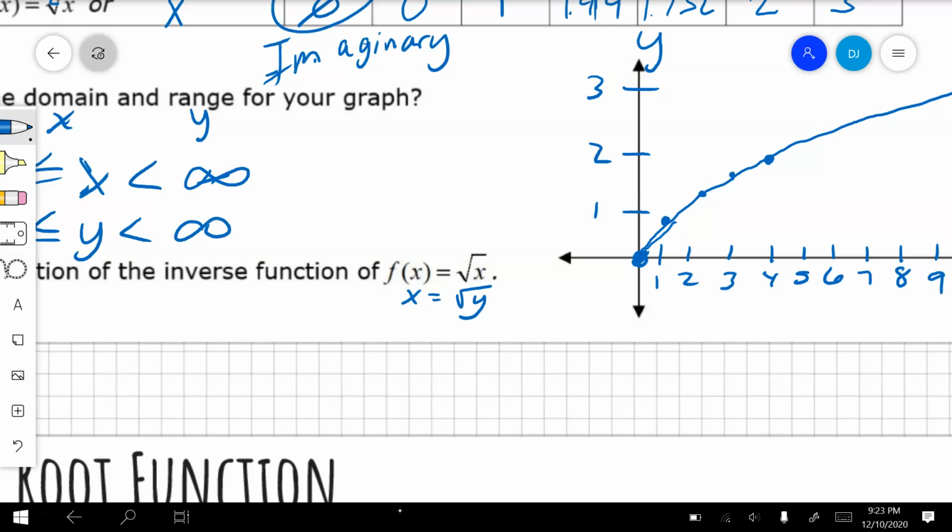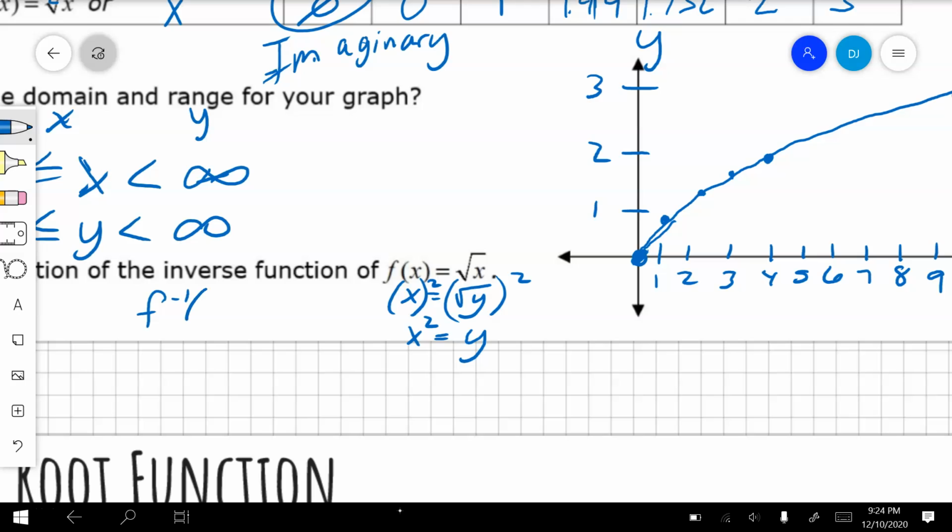And we need to solve for y. So we're going to square both sides to get rid of that square root. When we square, we end up with y equals x squared. Hey, check that out. That's our parent function for a quadratic. So the inverse of our irrational function is really the quadratic, and they have a relationship going back and forth. So the inverse of f of x is just x squared.